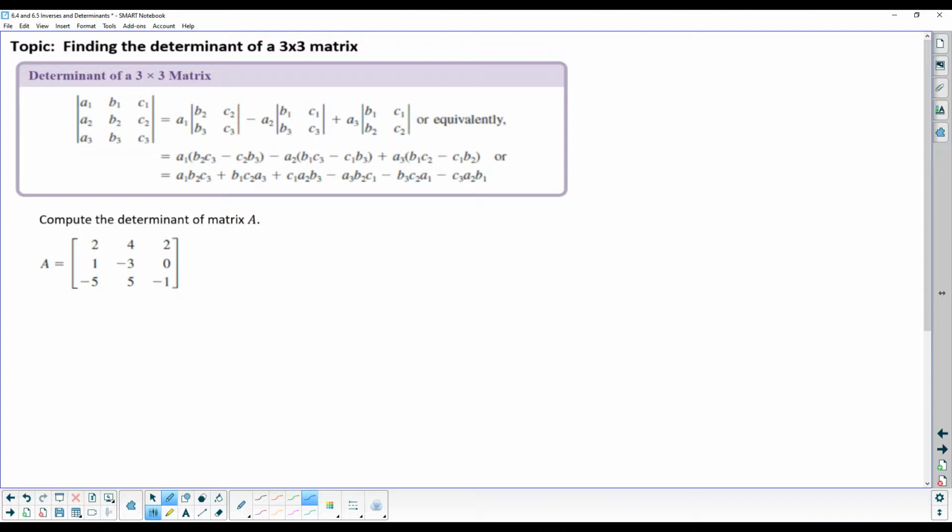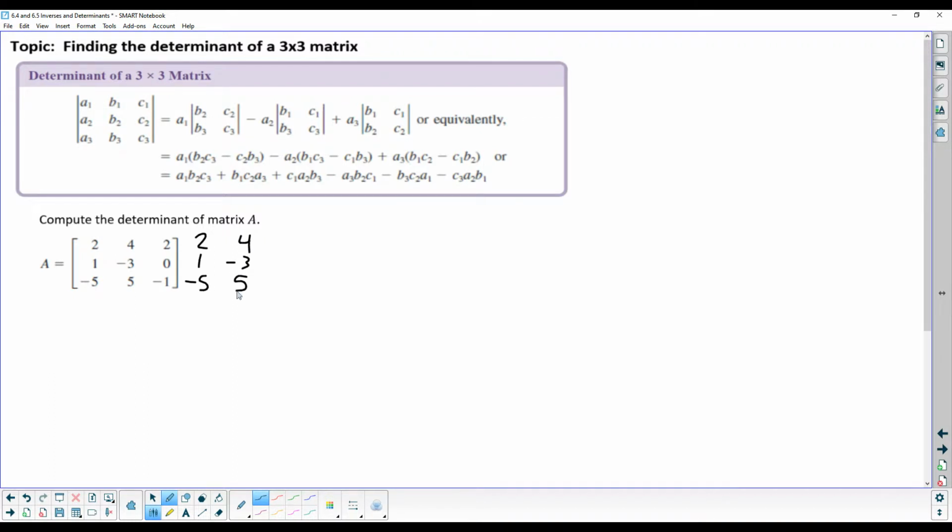You know how I was doing diagonal minus diagonal? Well, the problem is that leaves off a bunch of numbers, right? It's just not right. But if we do something fancy, we can do diagonals. What you have to do is, we have one column, 2 columns, 3 columns, start repeating it. 2, 1, -5, 4, -3, 5.